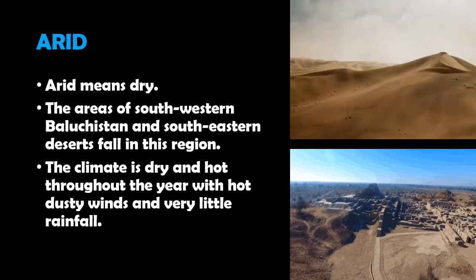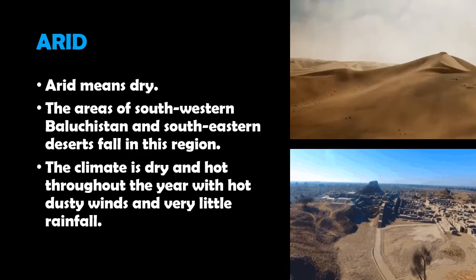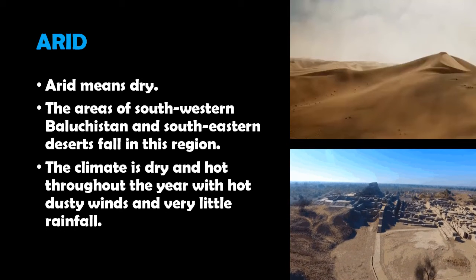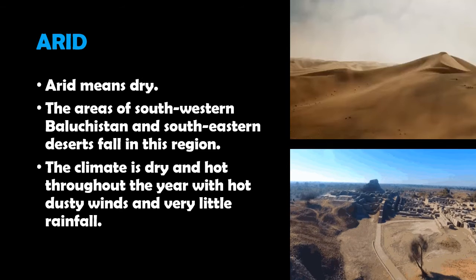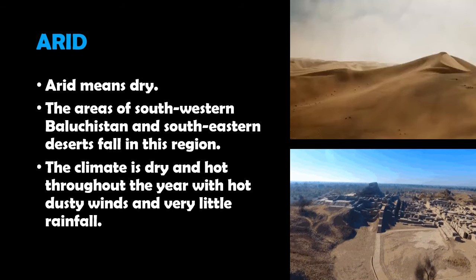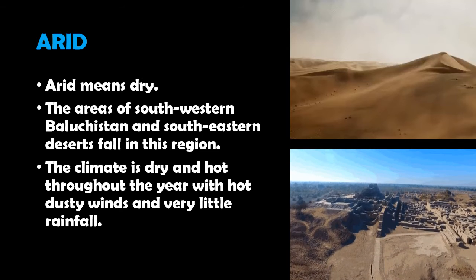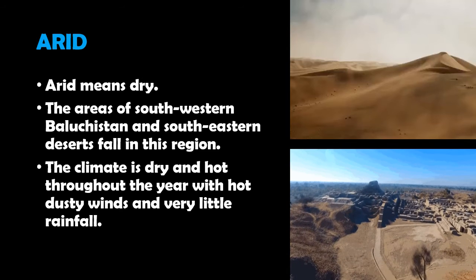The climate is dry and hot throughout the year with hot dusty winds and very little rainfall. So arid means dry, and the areas of southwestern Balochistan and southeastern deserts fall in this region. Clear?